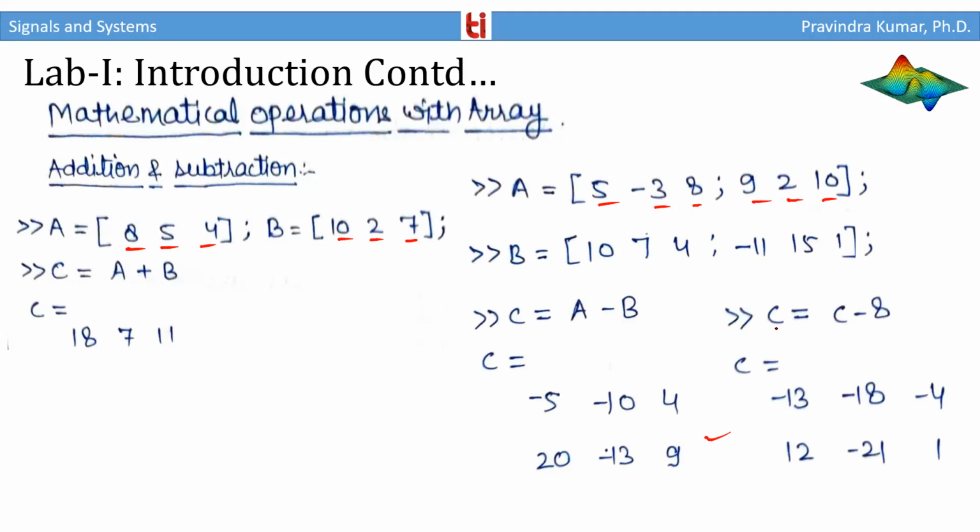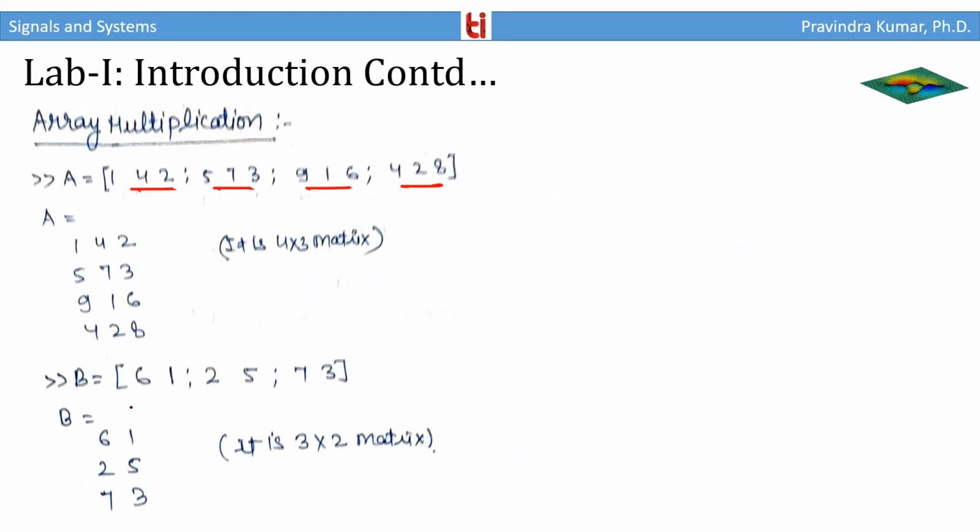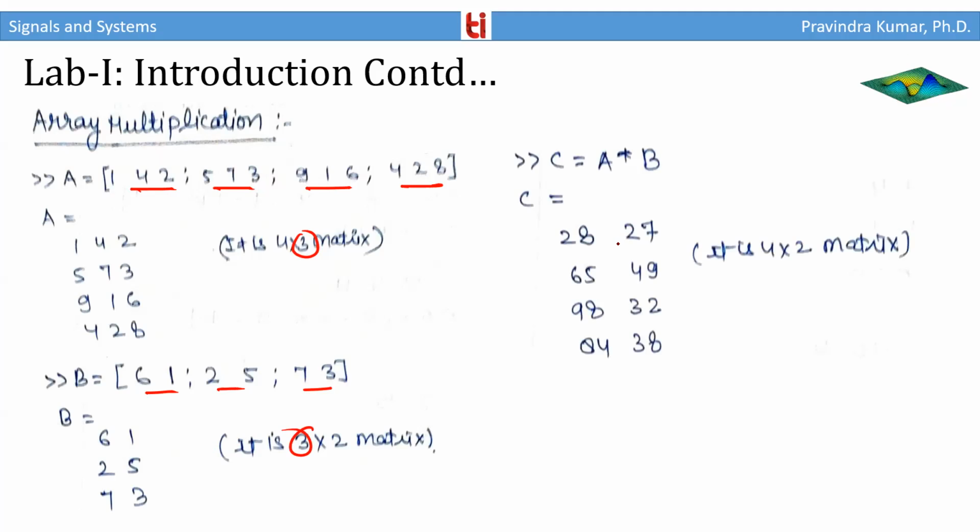Because C is one matrix, you can also subtract 8 from each element. So minus 5 minus 8 is minus 13, and so on. And A is a 4 by 3 matrix, and B is a 3 by 2 matrix. So the dimensions match. You can have A into B. This will be a 4 by 2 matrix.